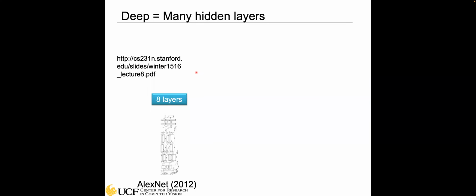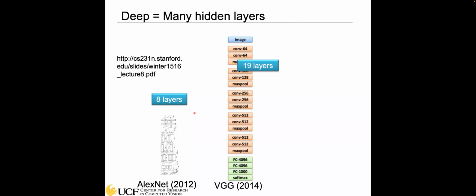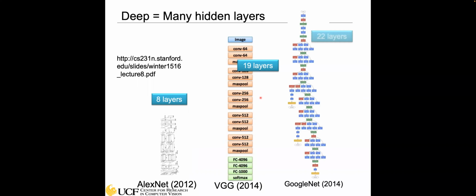Here let's see some of the very classic convolutional neural networks. The first, AlexNet in 2012, was composed of 8 layers. Later in 2014, the VGG network has 19 layers, and the same year, GoogleNet has 22 layers.